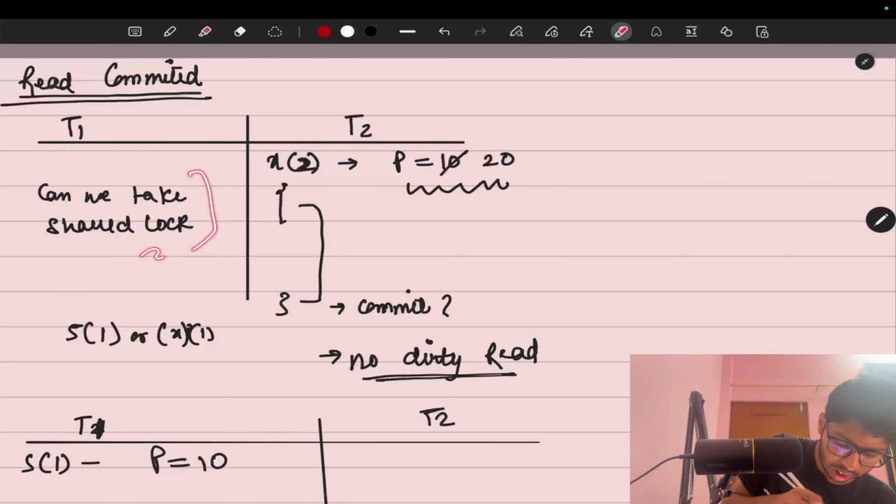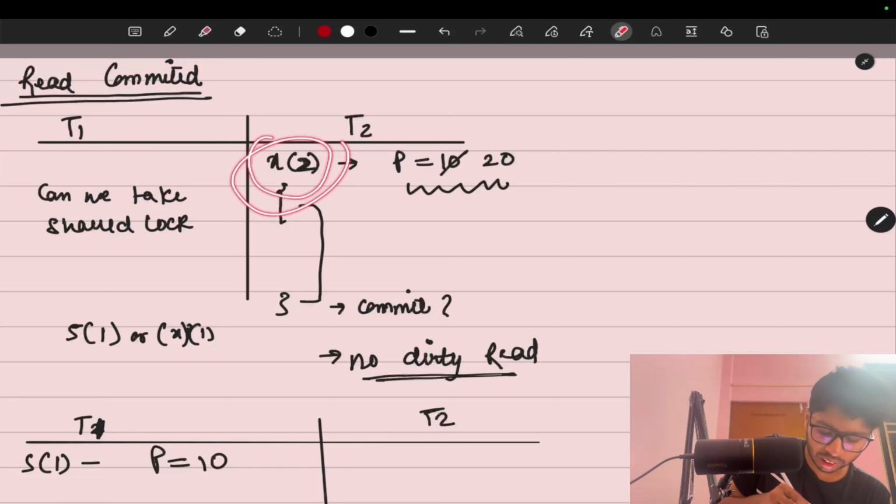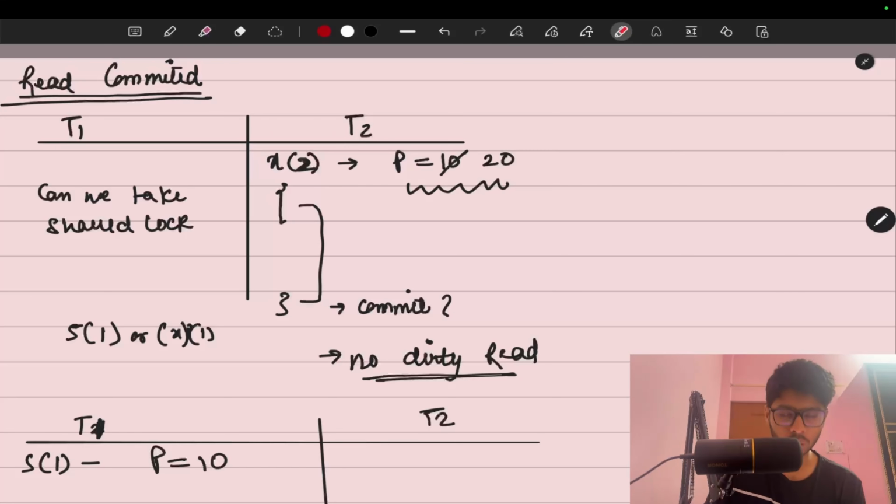So can T1 take a shared lock? Can T1 read that particular row, P equals 10 or P equals 20? The answer is no. T1 cannot even take a shared lock whenever someone is writing data on that particular row, because T2 has an exclusive lock on that row. So there is never going to be a problem of dirty read.